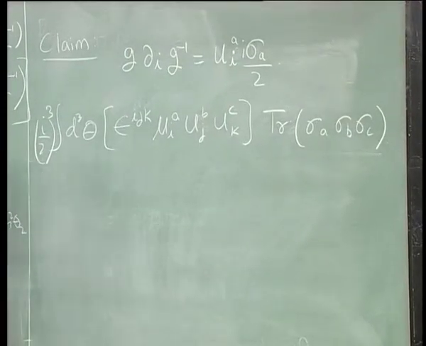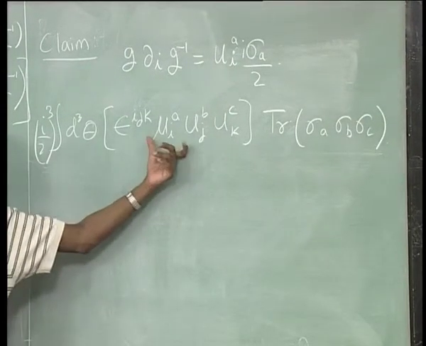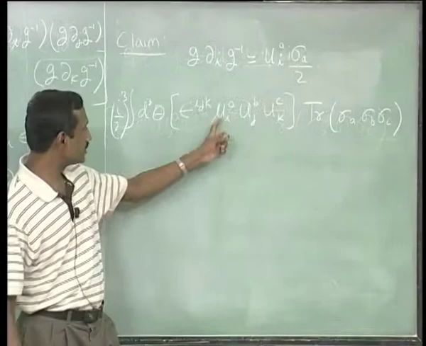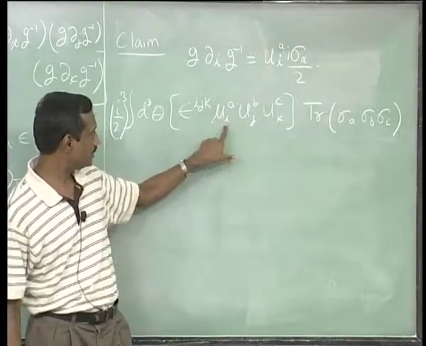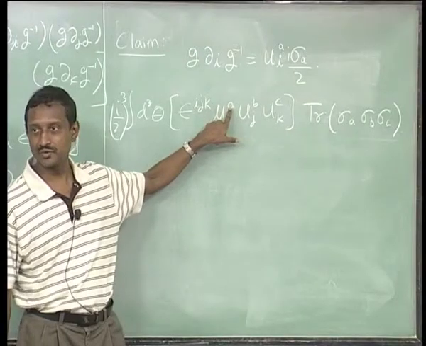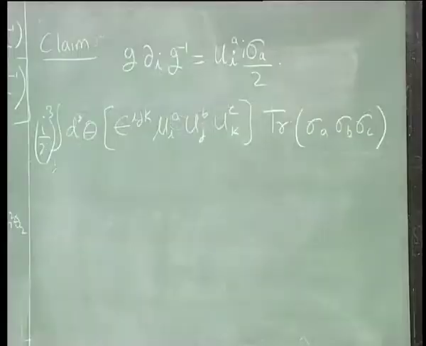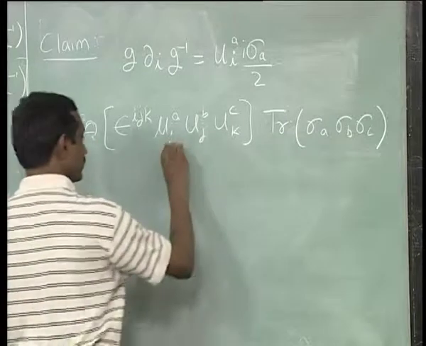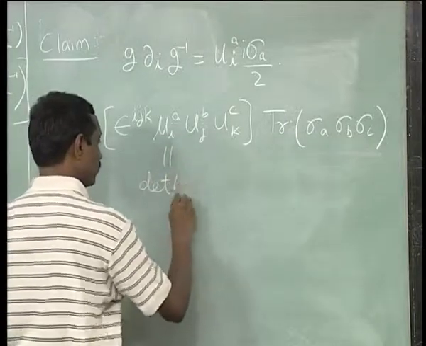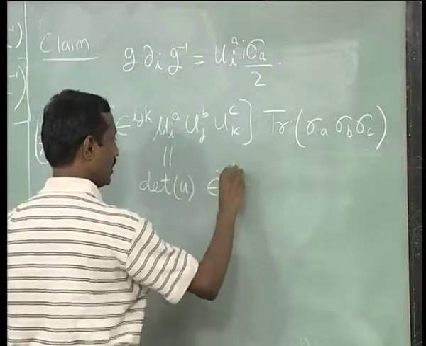So, this is what we have to evaluate, but what is this equal to? You can think of this as a 3 by 3, this takes 3 values, this takes 3 values. So, if you think of u_i^a as a 3 by 3 matrix, what is this object? It is a determinant. So, this is equal to determinant of u times epsilon_abc.